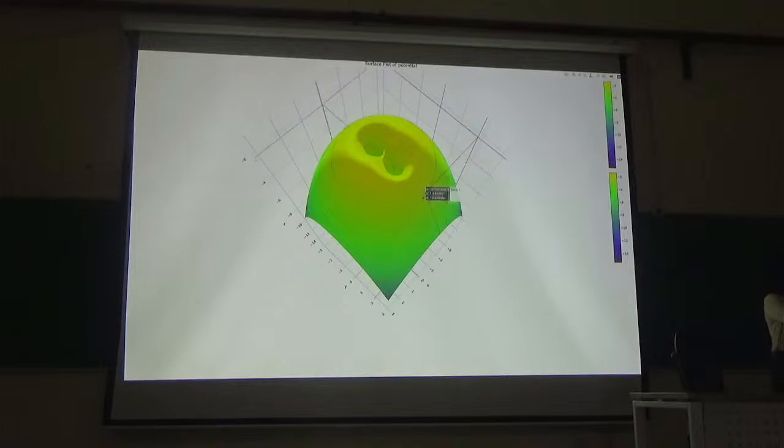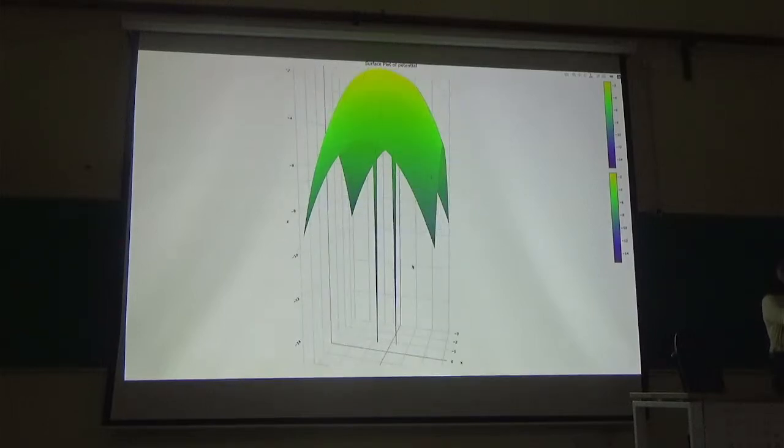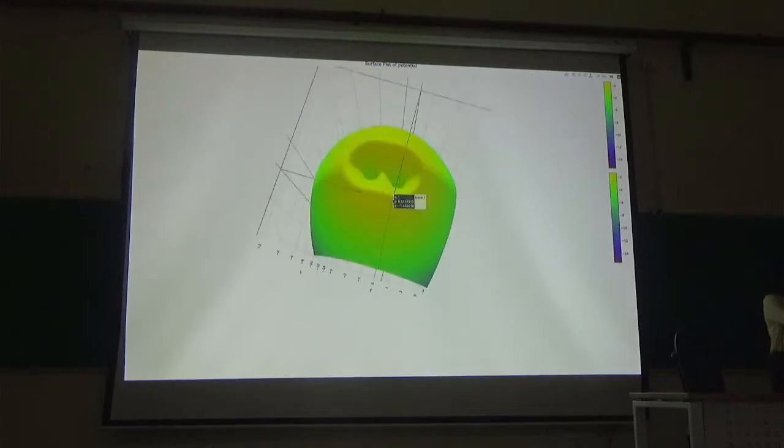Now, you can kind of see from this graph, this is where the two masses lie, because here there is an extremely large negative potential. This is like an infinite potential, where the two masses lie. Very close to the masses, gravity is clearly strong.